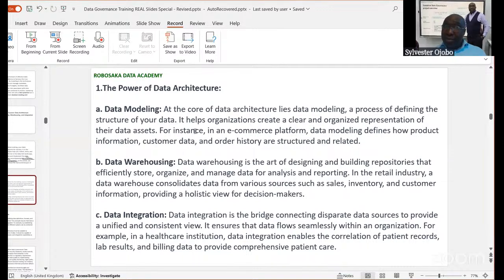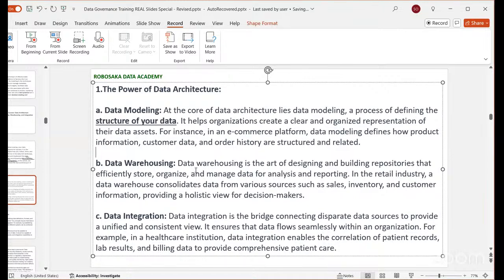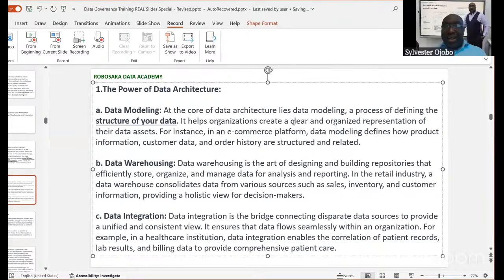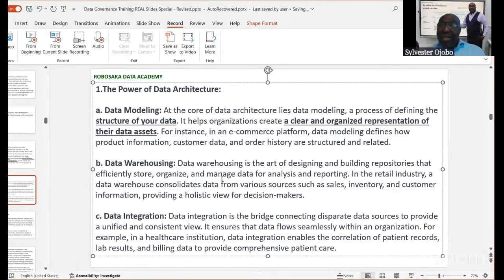I want you to know that modeling is at the core of data architecture. It lies with the process of defining the structure of the data. It helps organizations create a clear and organized representation of their data assets.